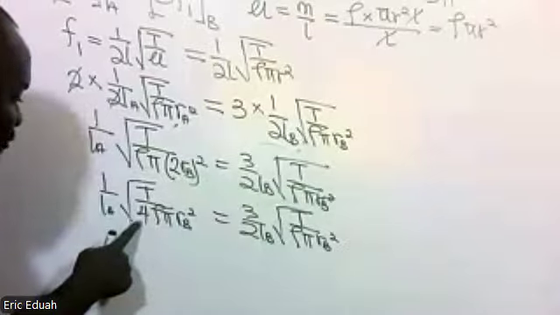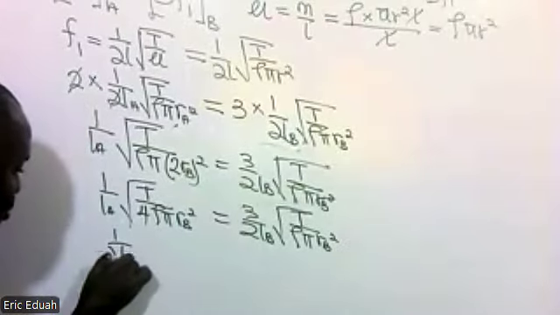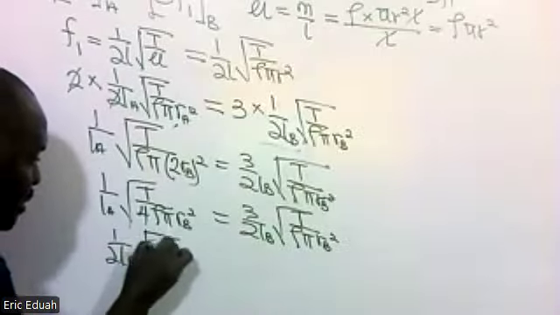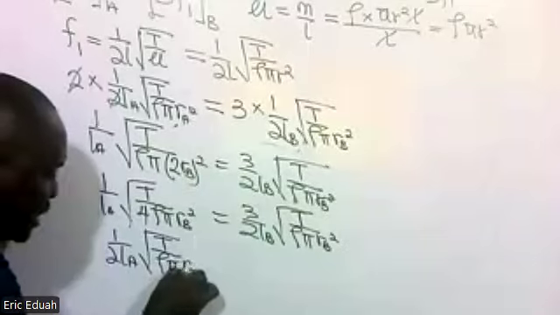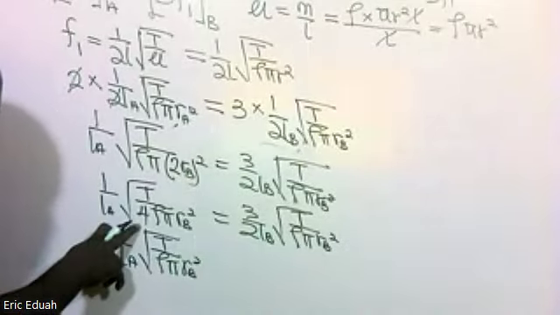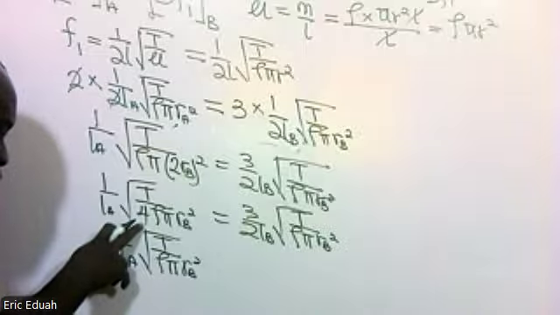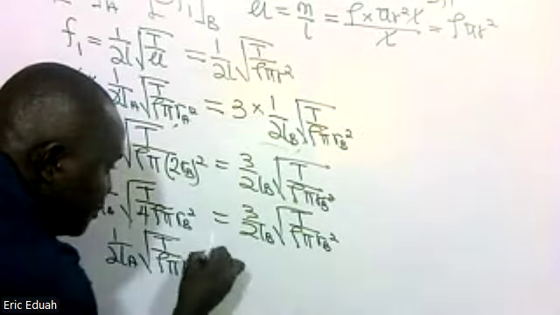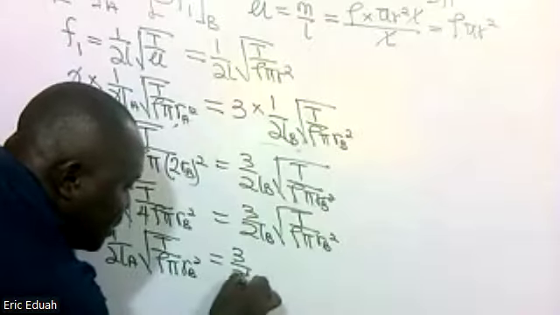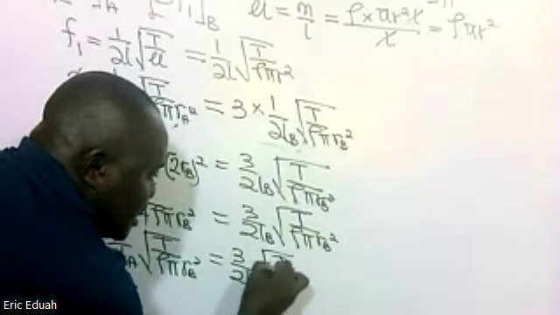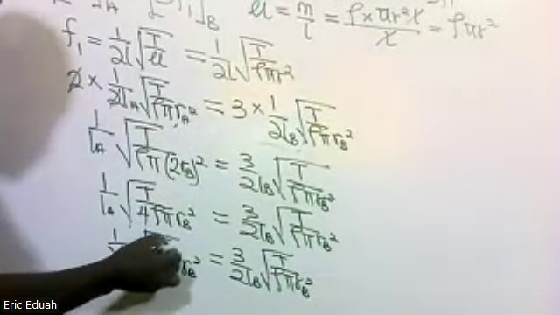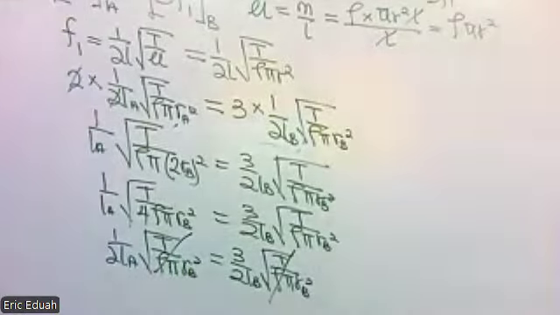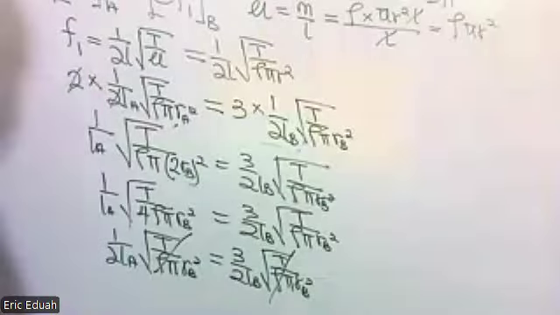Then when we square 4, we have 1 on 2 LA T rho pi RB squared, meaning we've taken the square root of this 4 and it will be 2, is equal to 3 on 2 LB T rho pi RB squared. Then this side will cancel out.